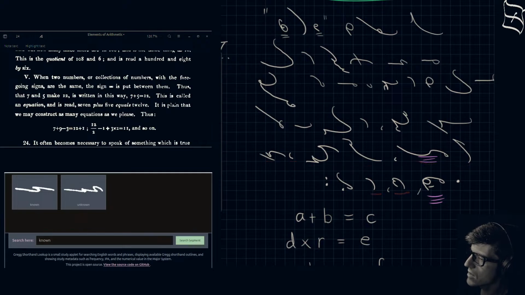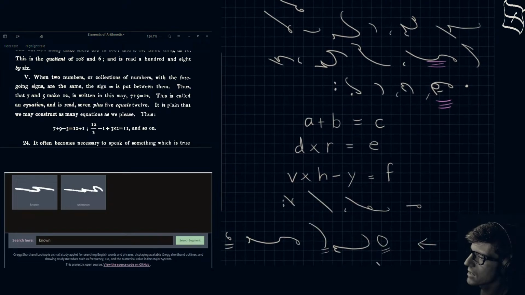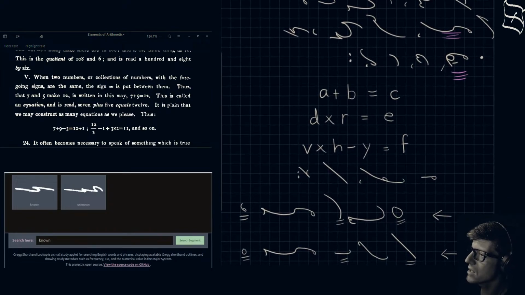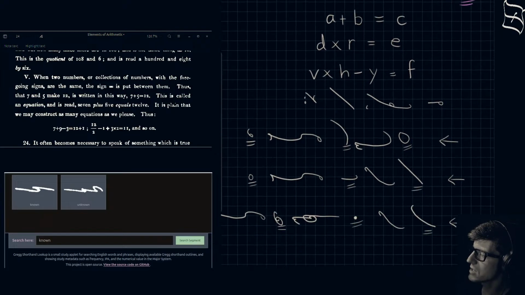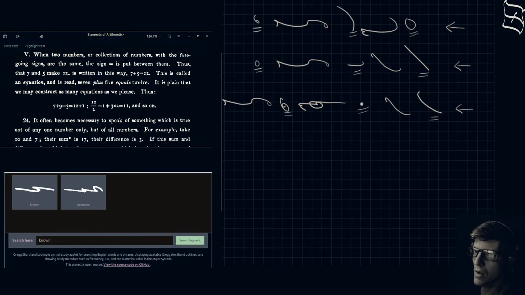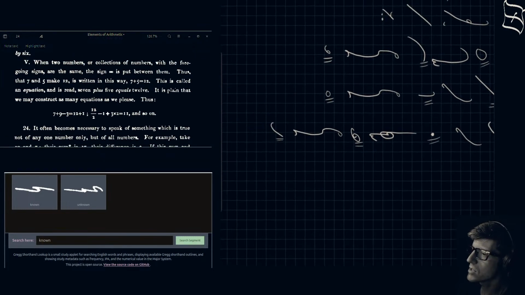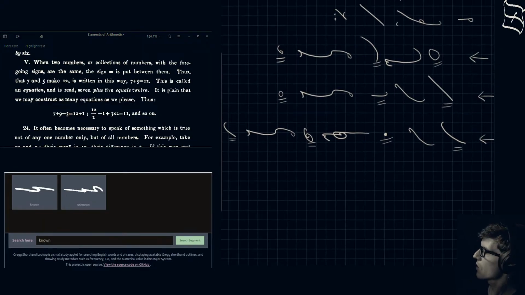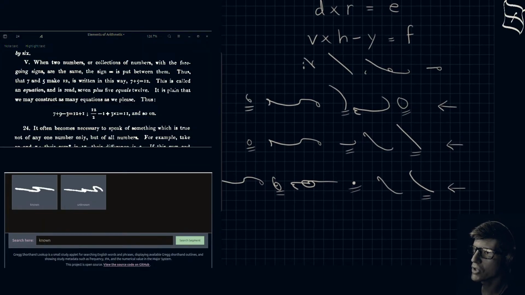Thus the following: A plus B equals C, D into R equals E, V into H minus Y equals F. And that's what each of these symbols below are stating. All of those are examples of equations, okay?